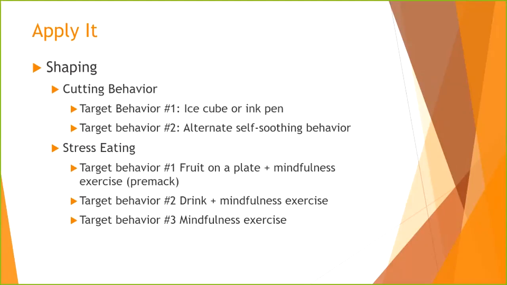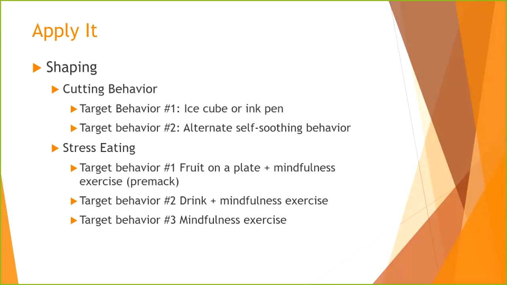Then we want to move on and say, okay, once you get that under control and you're not having to cut anymore, let's see if we can up the ante and choose a different self-soothing behavior instead of something quite so destructive. Let's look at what holding the ice cube or using the ink pen does for you, and what are some other behaviors you could do. We're also going to be looking at vulnerabilities and other things, but in terms of shaping, what you're doing is progressively moving them closer to whatever you want them to ultimately do.